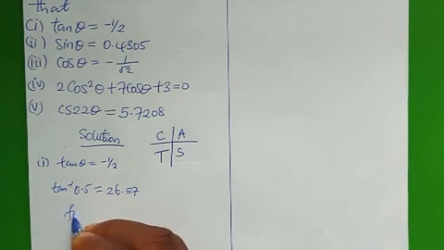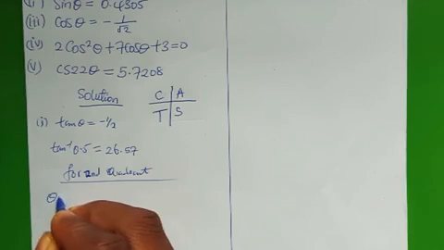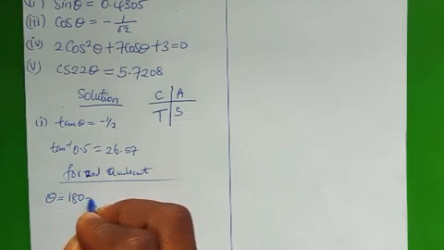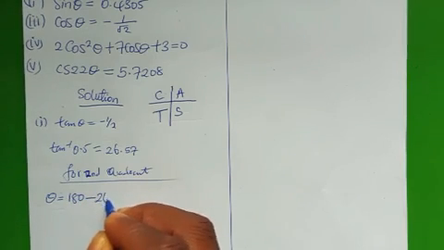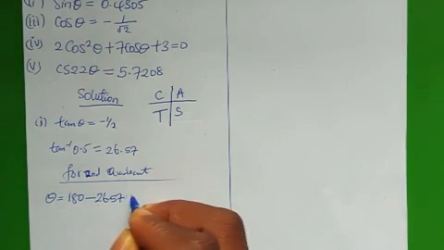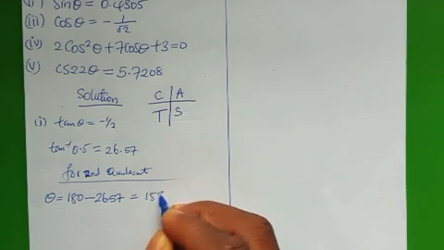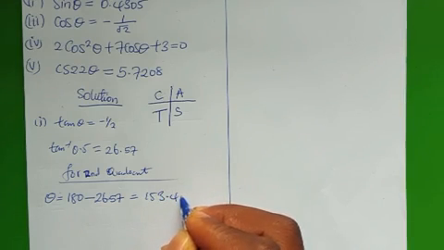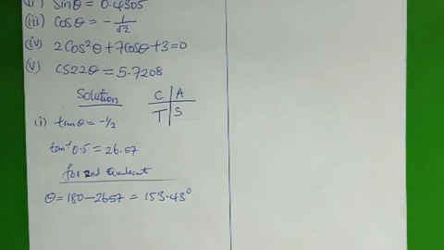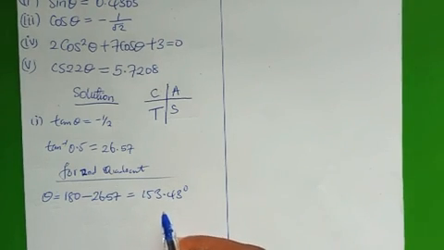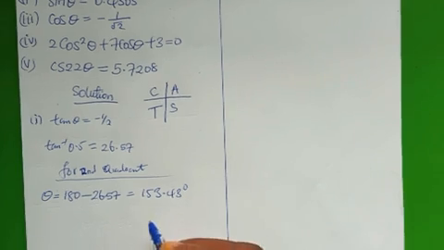For the second quadrant, theta is equal to 180 minus 26.57, which will give us 153.43 degrees. Therefore, if you press tan 153.43 degrees, it will give you negative half.